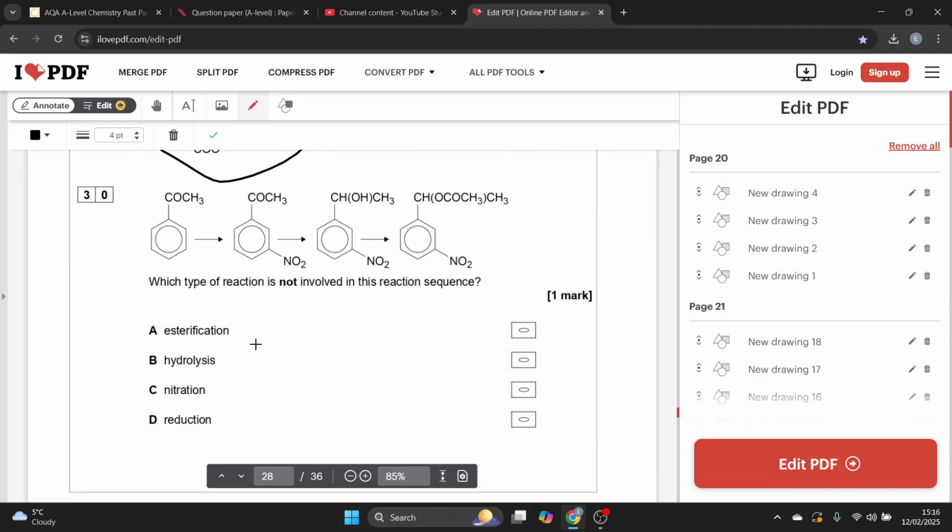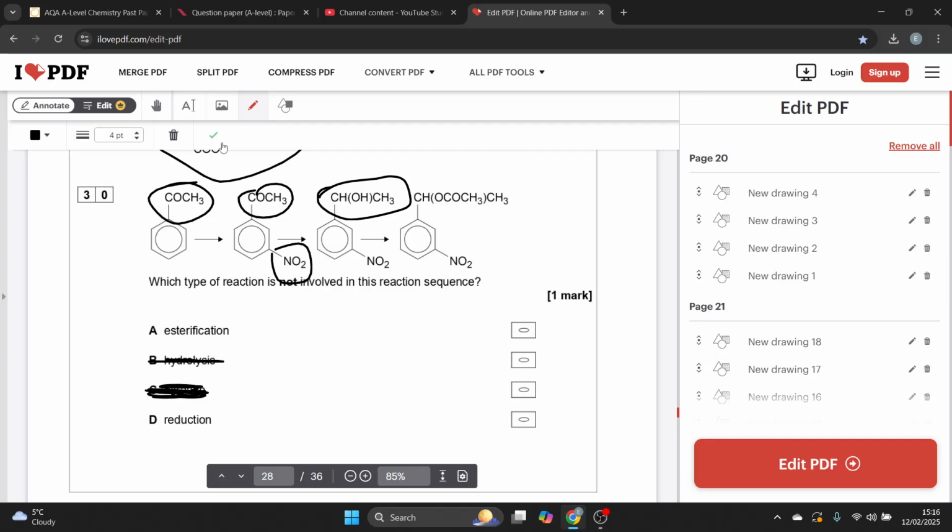Question 30. Which type of reaction is not involved in this reaction sequence? COCH3 to COCH3NO2, so that is nitration by electrophilic substitution, so that is involved. Then I'm going from this to that. So I've added an OH, so that's hydrolysis.